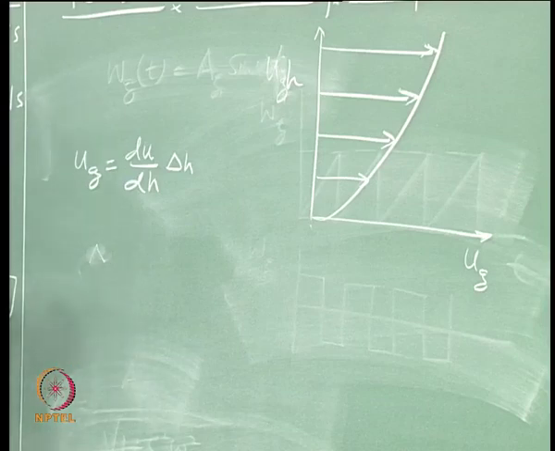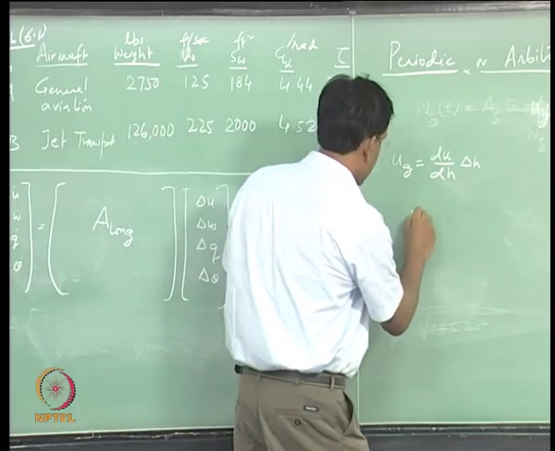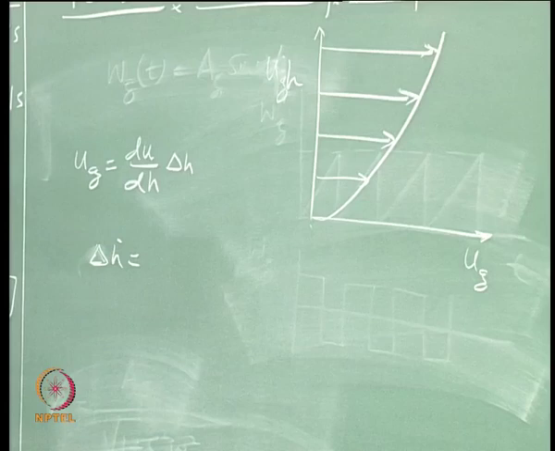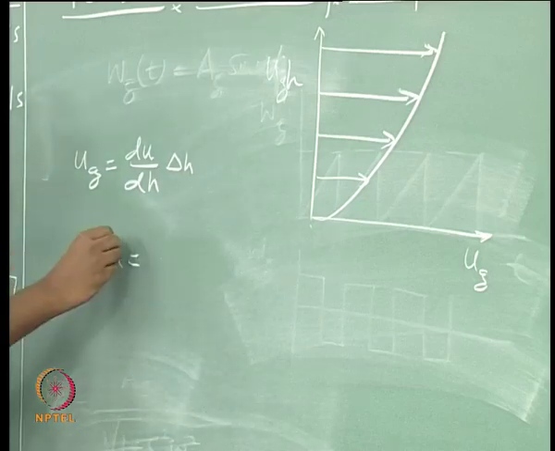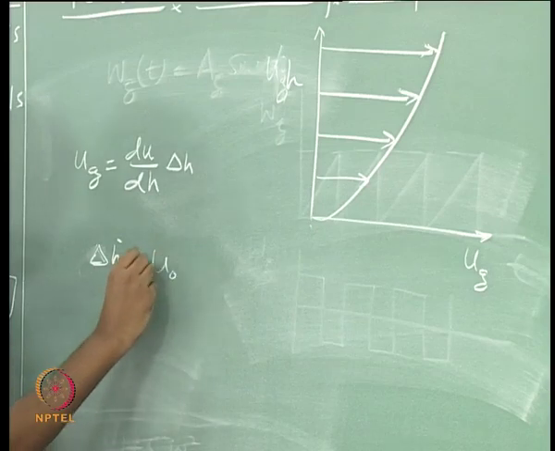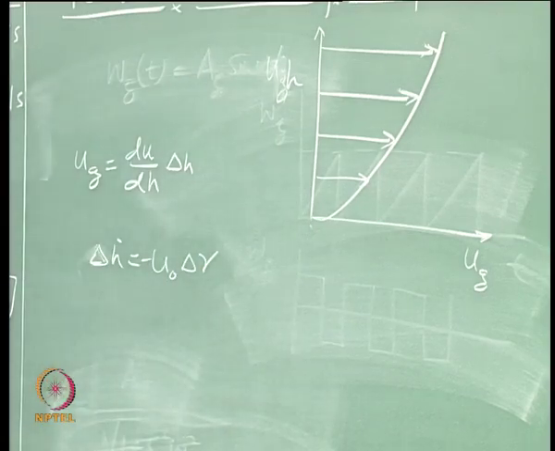Right. So, it is coming to the altitude is going to go down, right. So, we can write the linearized change in altitude as this.